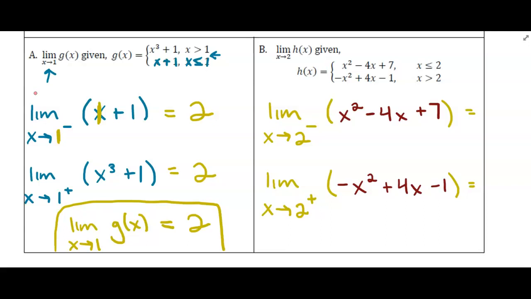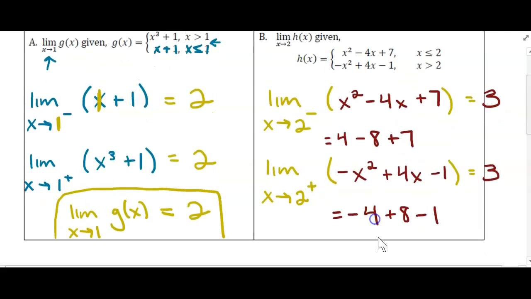All right, now we can use direct substitution. When I plug 2 into my first limit here, 2 squared is 4, minus 4 times 2, so minus 8, plus 7. Looks like that's going to give me positive 3. And then if I do the same thing down here for my second limit from the right, negative 2 squared is negative 4, plus 4 times 2 is plus 8, minus 1. 8 minus 5 is also 3.